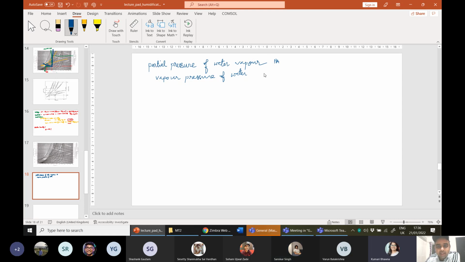So as I was writing, how will we estimate the partial pressure of water vapor at 55 degrees? We can do that from the corresponding absolute humidity, for this air having dry bulb temperature 55 and moisture content 0.03. In every kg of air there is 0.03 kg of moisture.